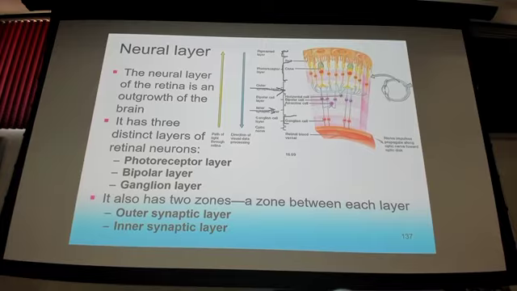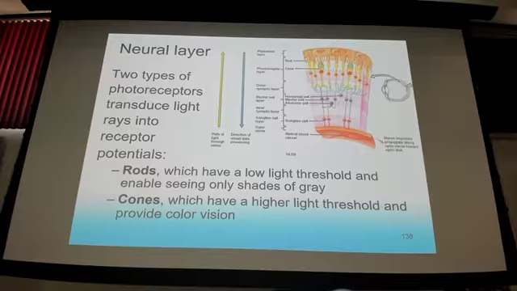If you come over here to look at this side, you'd say, well, here's a cone, and a cone is going to synapse with that bipolar cell. Then that bipolar cell is going to synapse with a ganglion cell. And then the axons of all the ganglion cells are what leave the back of the eye as the optic nerve. It will make sense tomorrow.